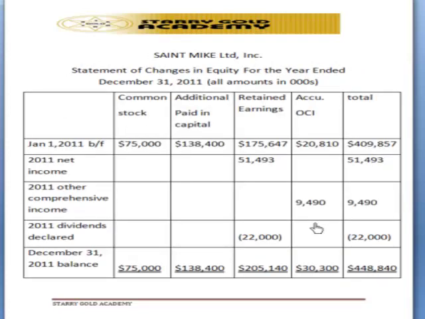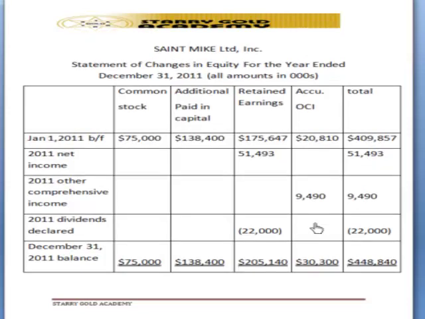So we now have the statement of changes in equity for the year ended. These are the financials of the company that will be given to us, and our duty is to convert them into IFRS standard. So this is the statement of changes in equity for the year ended December 31st, 2011. As you can see, it's prepared.